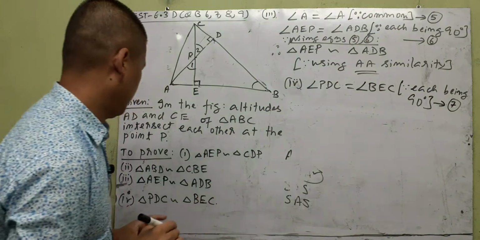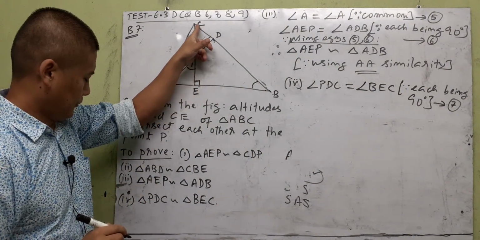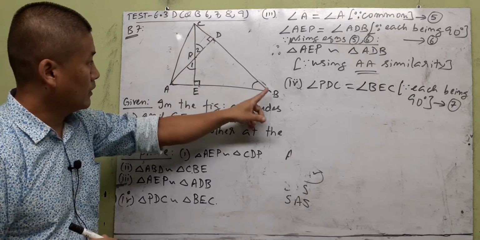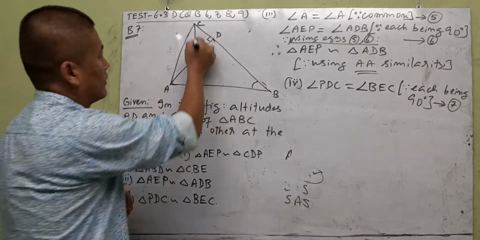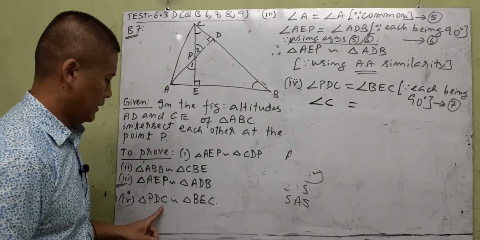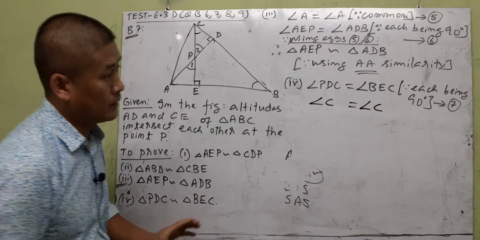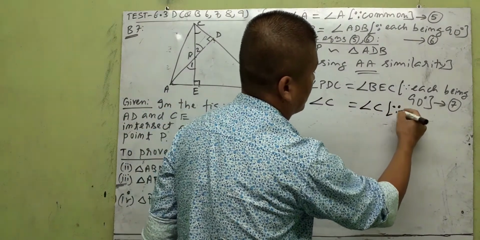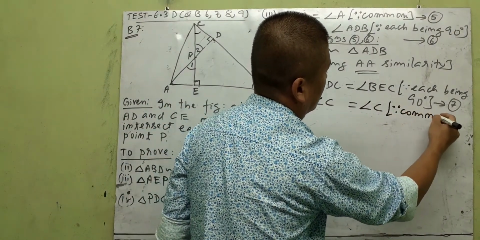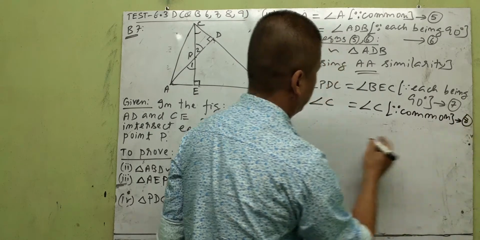Then find out PDC and then BEC. C is common. So angle C inside this triangle PDC equal to angle C, third letter. They are equal because this is a common angle. So let us write this one as equation number 8.